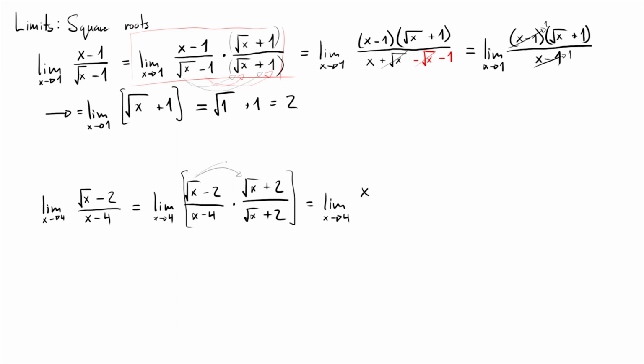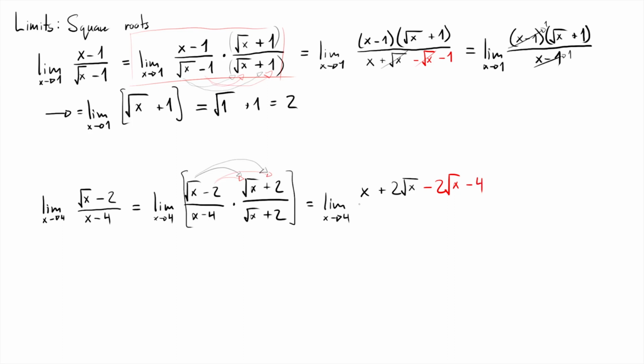Then I'm going to have root x times 2, which is going to be plus 2 root x. Then I'm going to have negative 2 times root x, which is going to equal negative 2 root x. And then I'm going to have negative 2 times positive 2, which is just going to be negative 4.